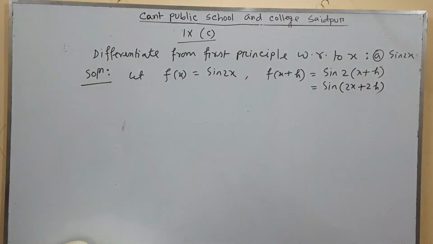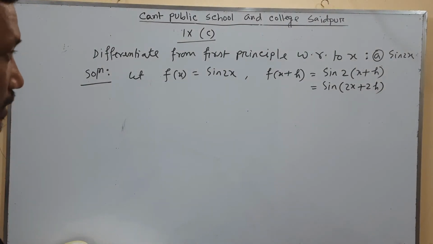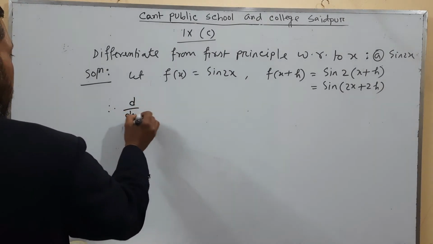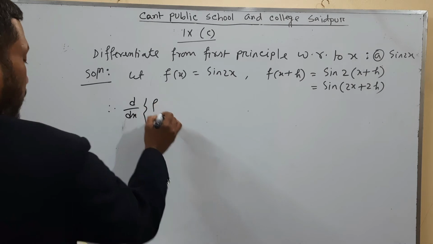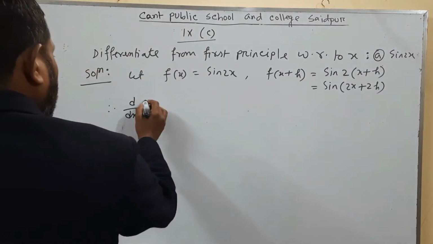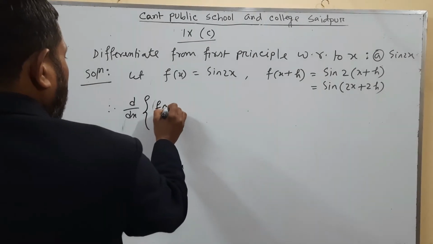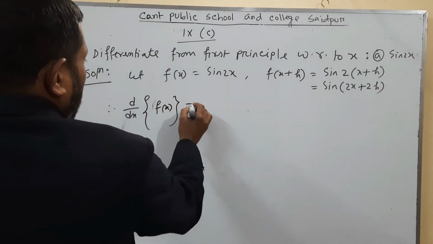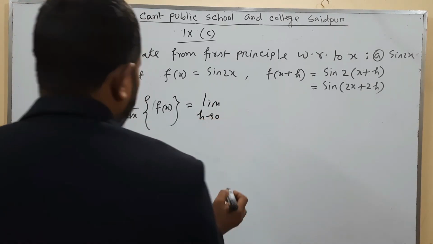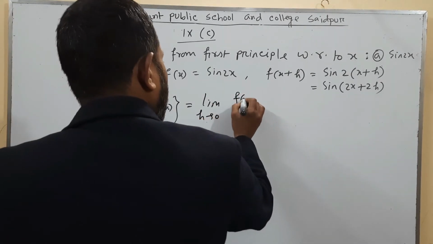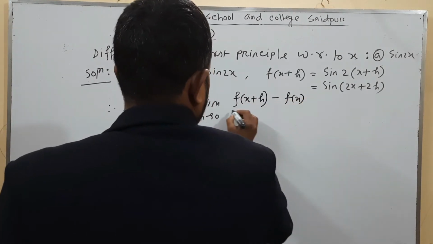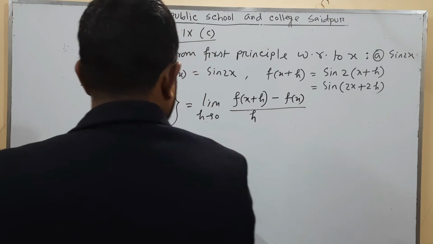According to the definition of first principle, we can write here d by dx f of x is equal to limit h tends to 0, f of x plus h minus f of x by h.